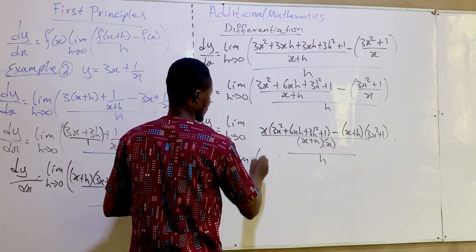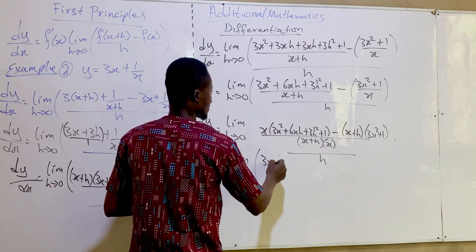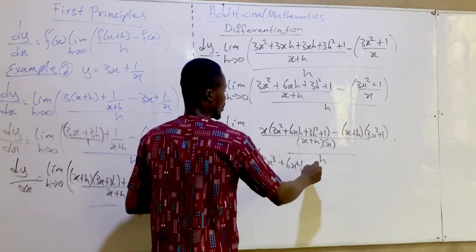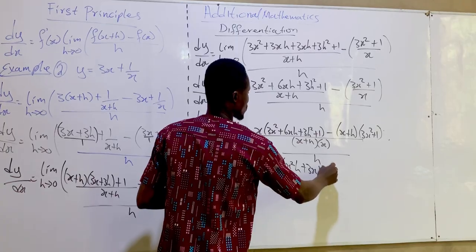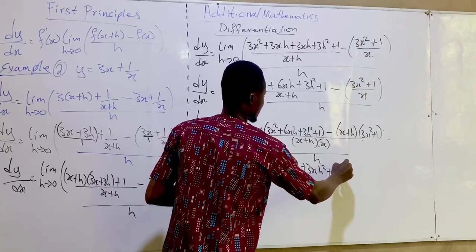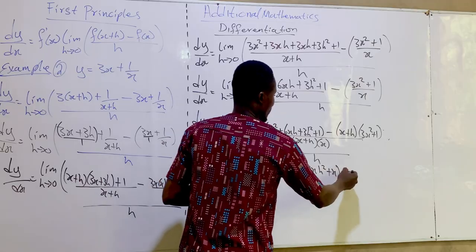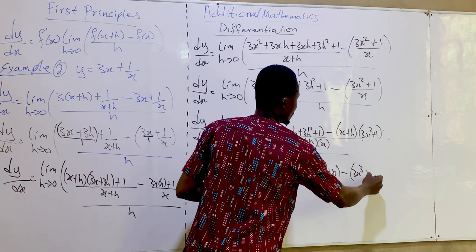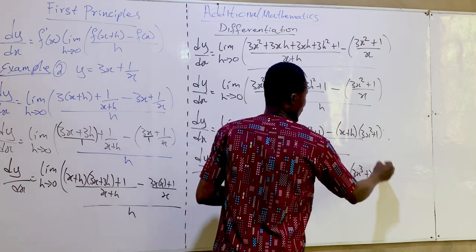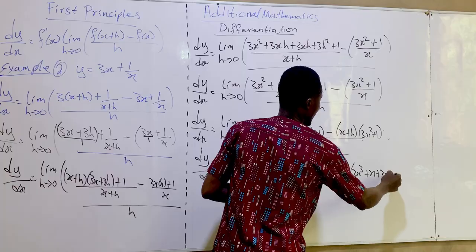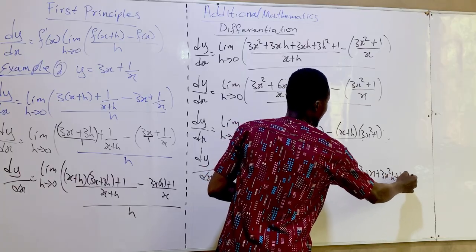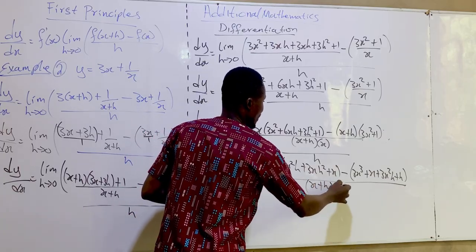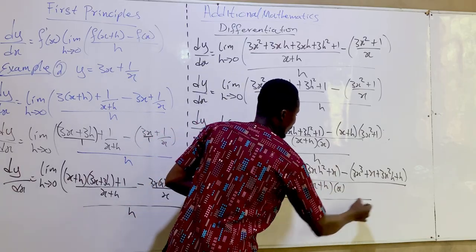This time this will give us 3x cubed plus 6x squared h plus 3xh squared plus x, minus, this time this will give us 3x cubed plus x plus 3x squared h plus h, all over (x plus h) multiplied by x, all over h.